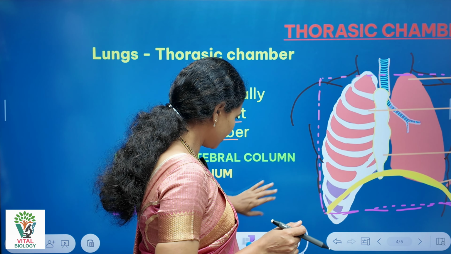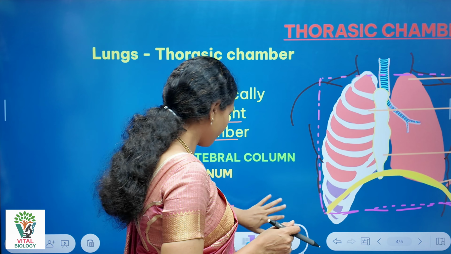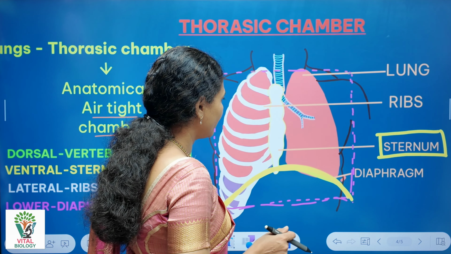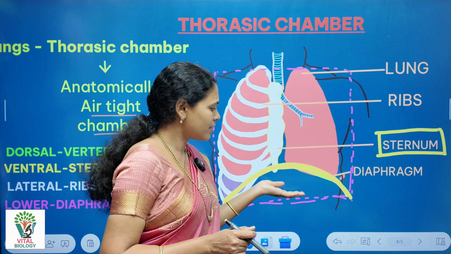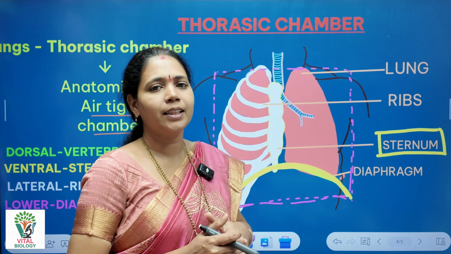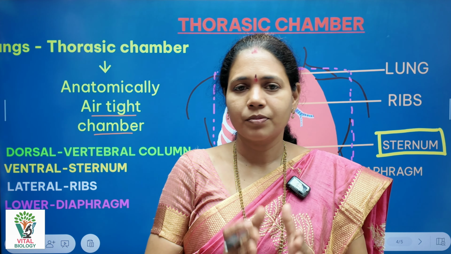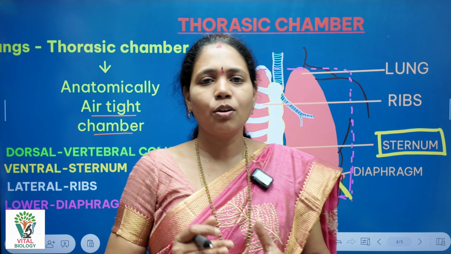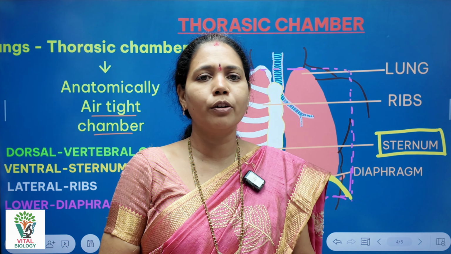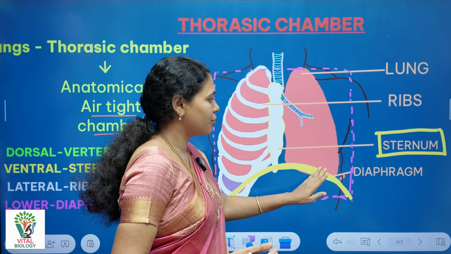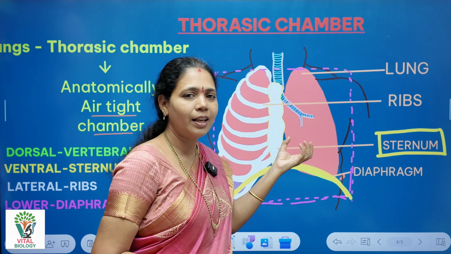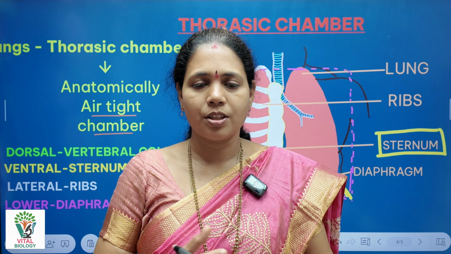So how is this airtight chamber helpful in the breathing process? In this diagram, you can see that if there is any decrease in the thoracic volume, then automatically it reflects in the volume of the pulmonary region, meaning the volume of the lungs also changes.